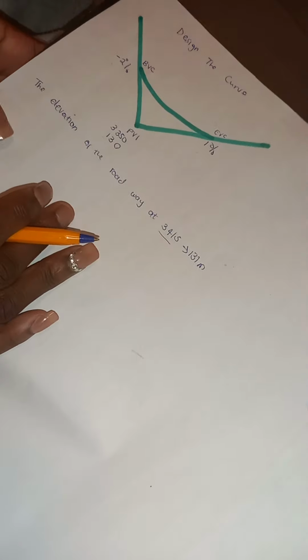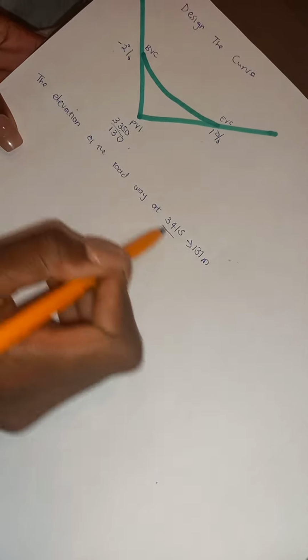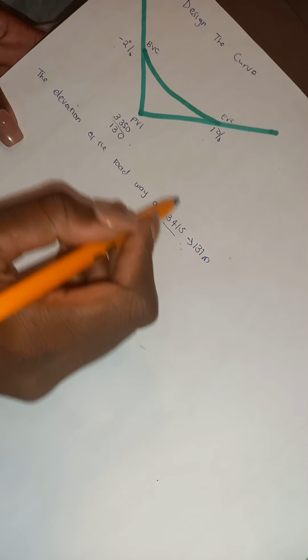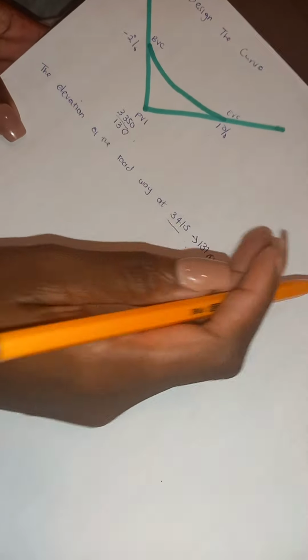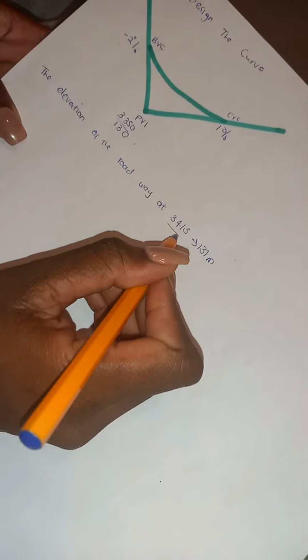Since this chainage is 3350 and this one is 3415, this point should be more to the right compared to this point. So we're going to have this, maybe let's say it's somewhere here, with an elevation of 131 and a chainage of 3415.